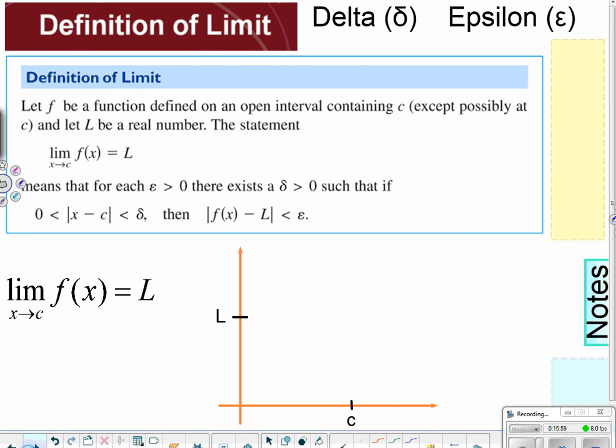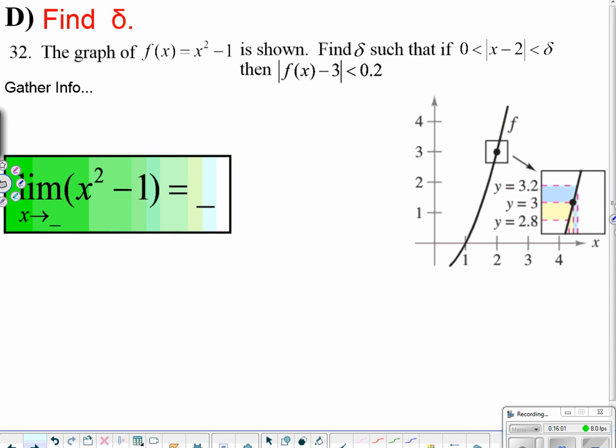Okay, this slide's out of place. This really moves on to day 2. The graph of f of x equals x squared minus 1 is quadratic, shown to the right. Find a delta such that if delta is greater than the absolute value of x minus 2, so here's our 2, right here, I want to be a certain distance on either side of this, delta above, and subtract delta to get the lower.